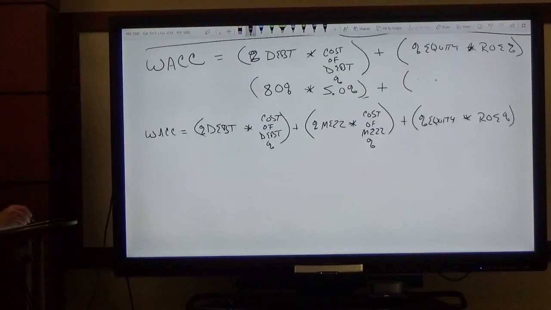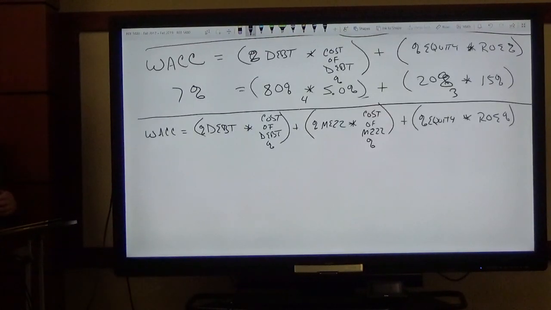And equity would then be 20%. And then the return on equity, we want 15%. Okay. So we do the math on that. So it gives us 4. It gives us 3. So overall, for that example, our weighted average cost of capital would be 7%, much like we had found in a previous problem.